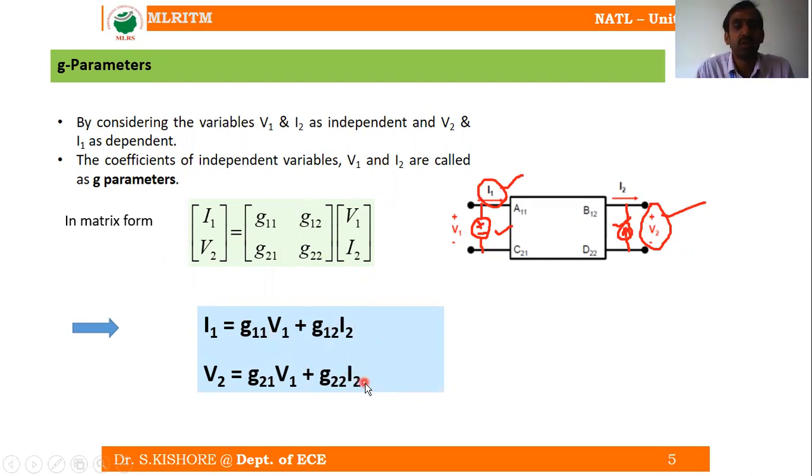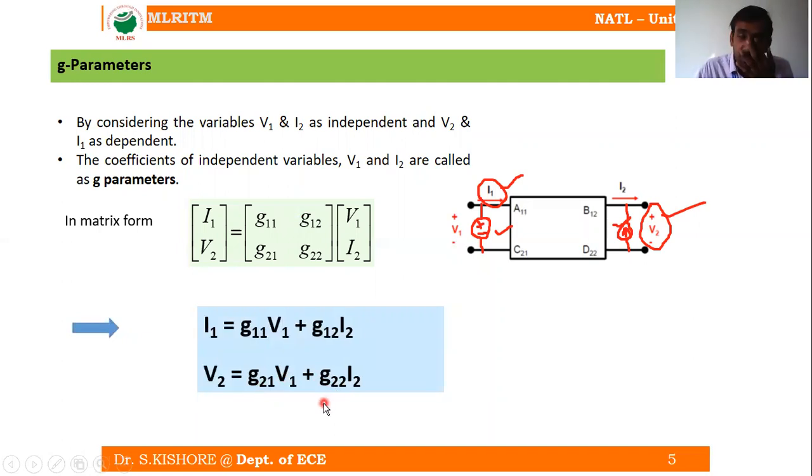So these two are going to be our governing equations for the G parameters. Using these two equations only, we are going to obtain the conductance parameters, that is G11, G12, G21 and G22.